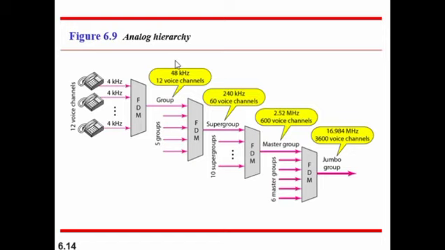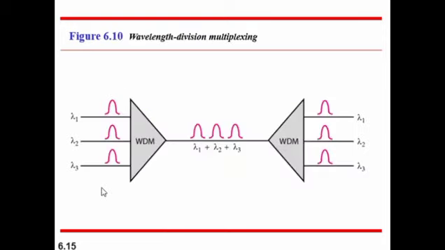So now we are coming again to wavelength division multiplexing. It is quite understandable from its name that we will be dealing with the wavelengths here. Previously we were dealing with the bandwidth of the signals. Here we will be dealing with the wavelengths of the signals, or the waves.